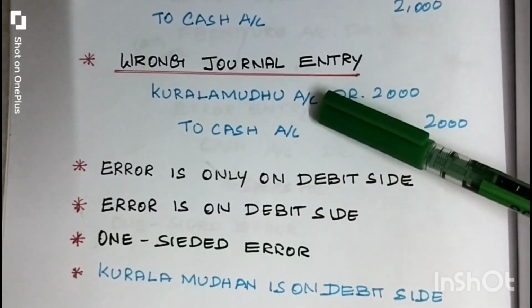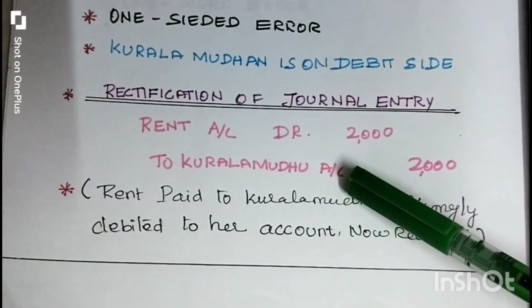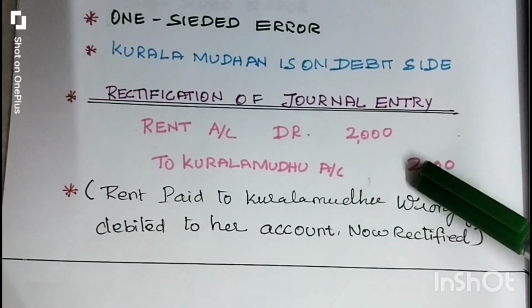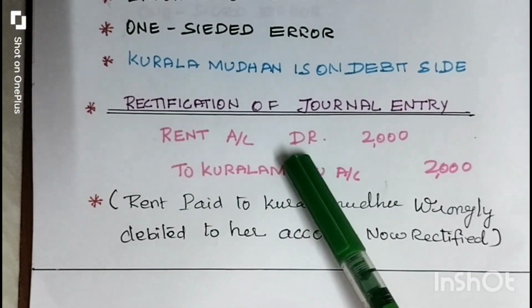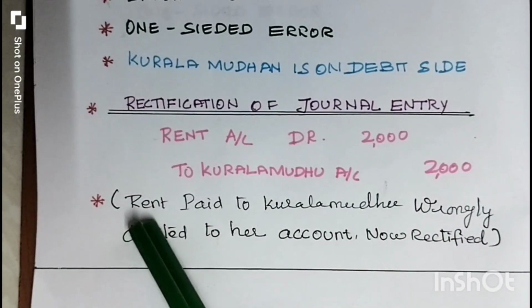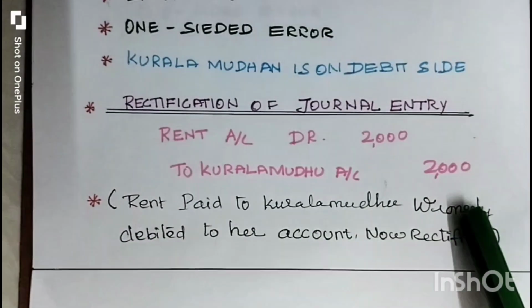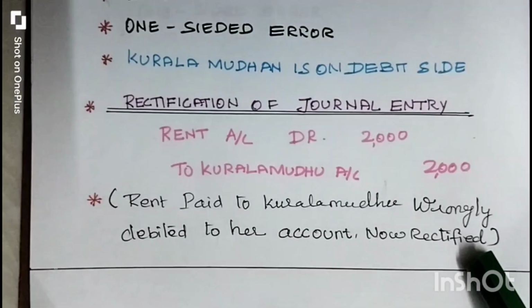Of course, the Kuralamudu account, on the debit side, so we need to credit it. So we credit the Kuralamudu account 2,000 rupees. So the rectification is rent account debit 2,000 rupees to Kuralamudu account 2,000 rupees. The narration is: rent paid to Kuralamudu wrongly debited to her account, now rectified.